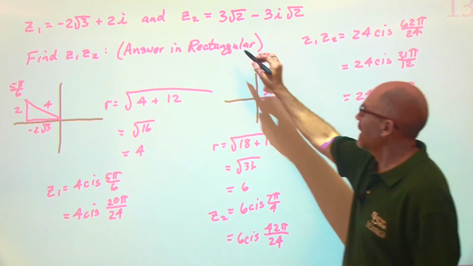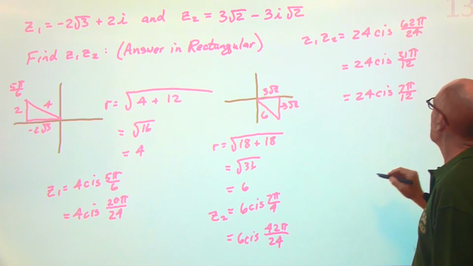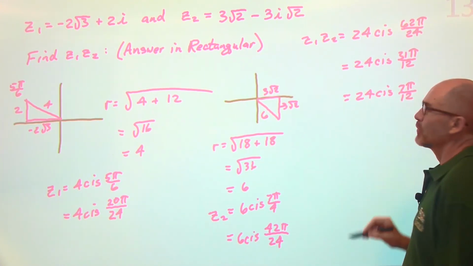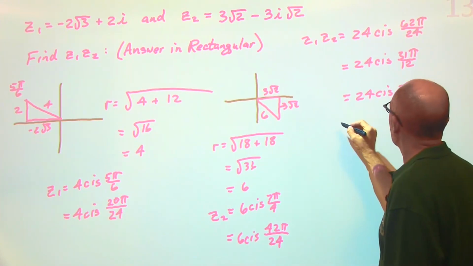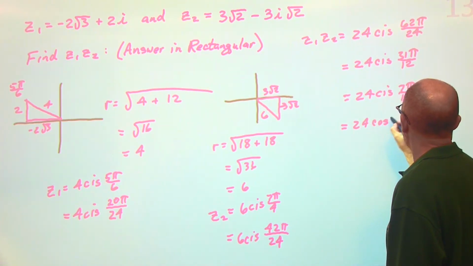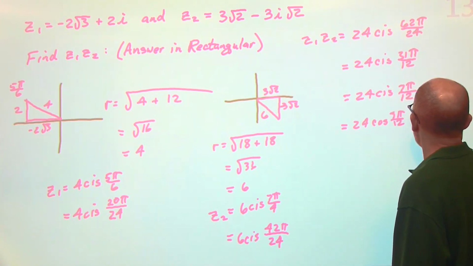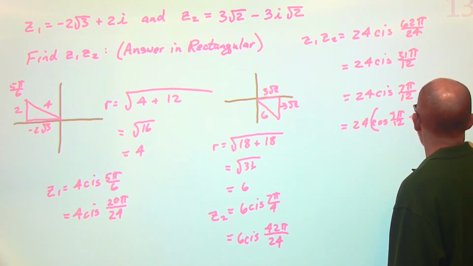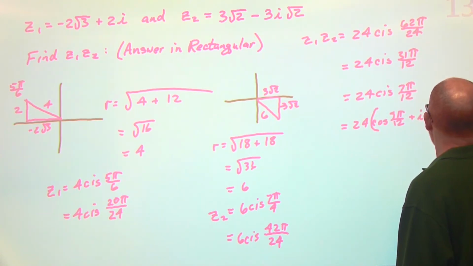But note, we want it in rectangular form, so what we do is we change 24 cis 7 pi over 12 into rectangular form. So that's going to equal 24 cosine 7 pi over 12 plus i sine 7 pi over 12.